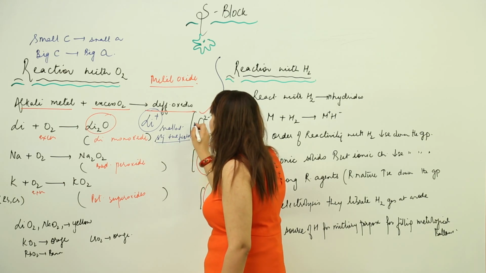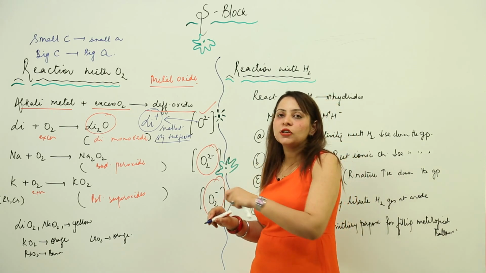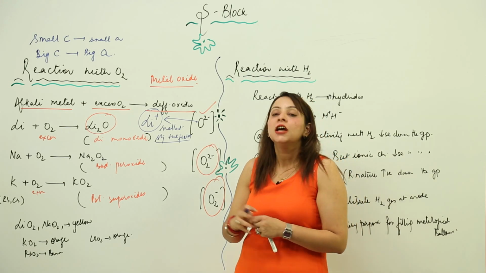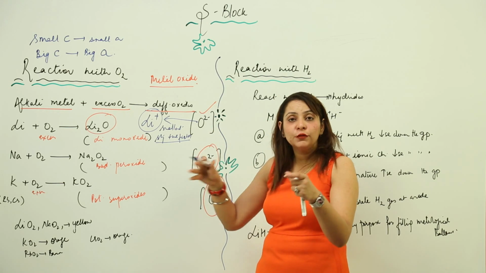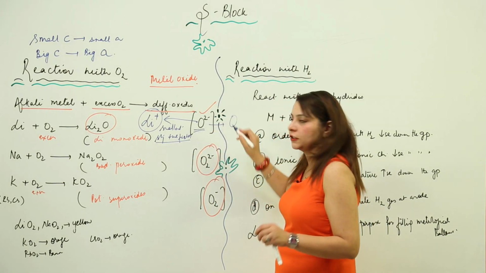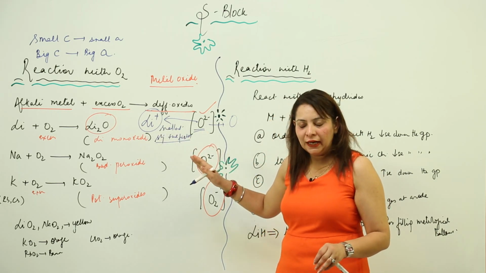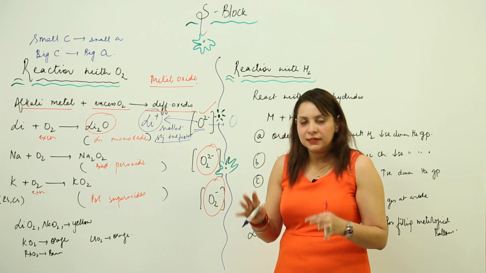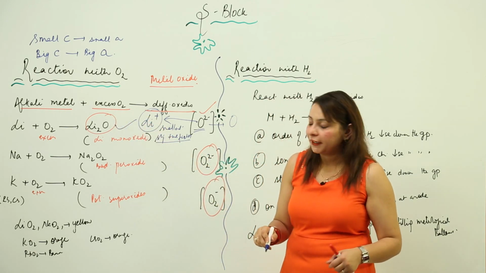So when it reacts with the oxide ion, it binds this oxide ion so strongly towards it, because smaller the size, stronger is the field. It attracts this negative ion with such a force that it won't permit the oxide ion to react with some other oxygen. So a smaller cation stabilizes the smaller anion so strongly, and the lattice energy released is sufficient to impart stability to this compound. That is why it forms lithium monoxide.